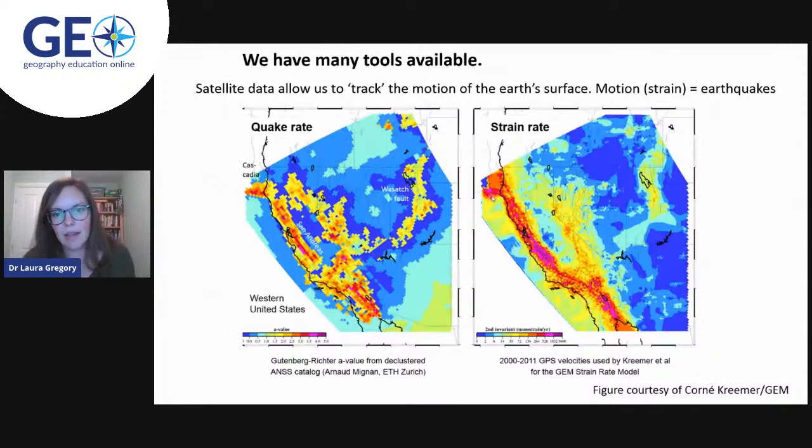And that really does equal out with the earthquake rate. So if we step back and look at regions of the Earth that are deforming, so they are moving, we can say, well, yeah, earthquakes are going to happen there. So that's one piece of information that goes into those hazard maps.